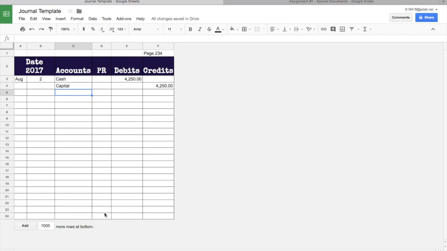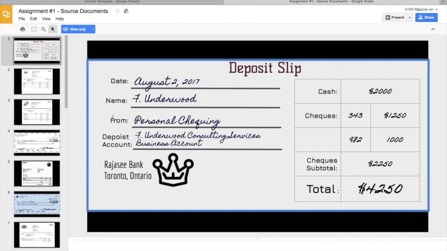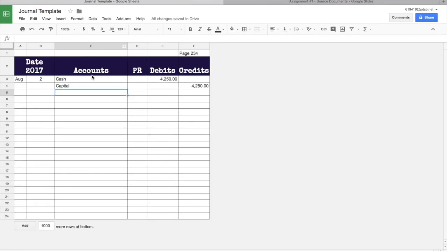So now we need a brief or short explanation on why there was an increase in $4,250 for the cash. So we can figure out from the source document that the owner added some cash into the business account. So that's all we put in.